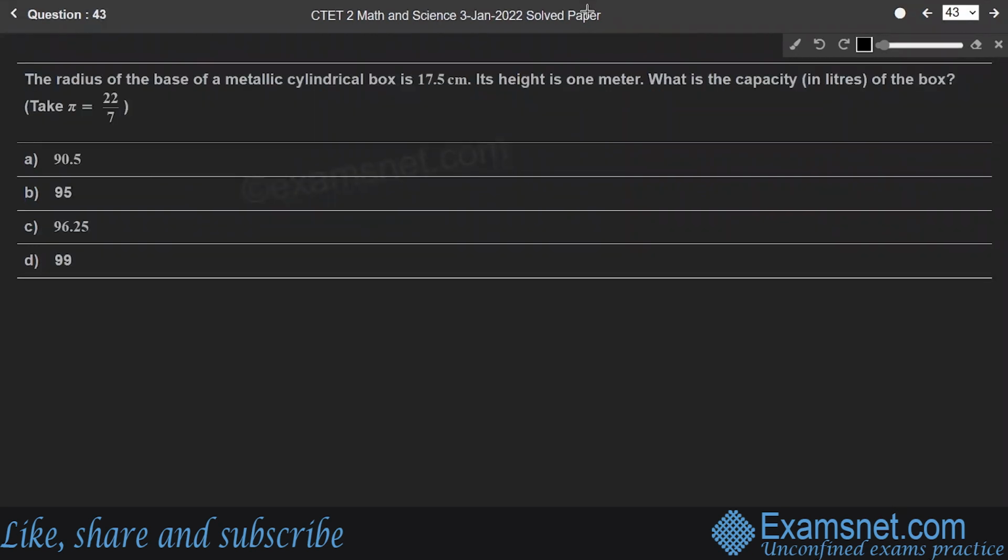Question number 43. The radius of the base of a metallic cylindrical box is 17.5 centimeter. Its height is 1 meter. What is the capacity of the box in liters?